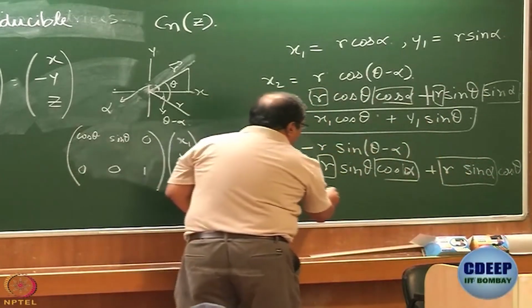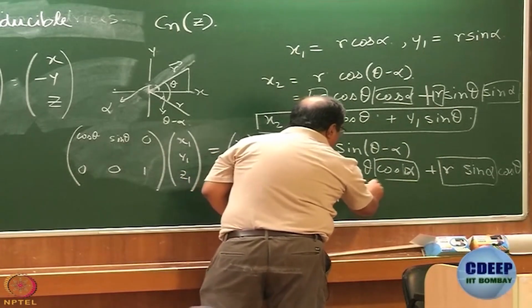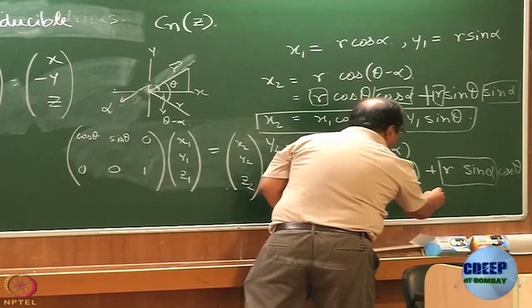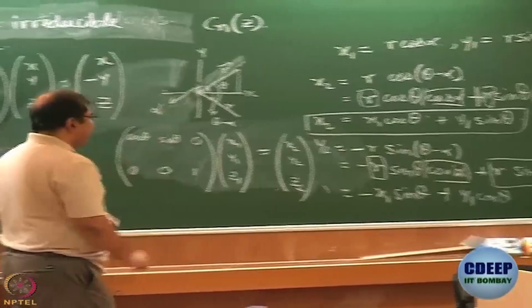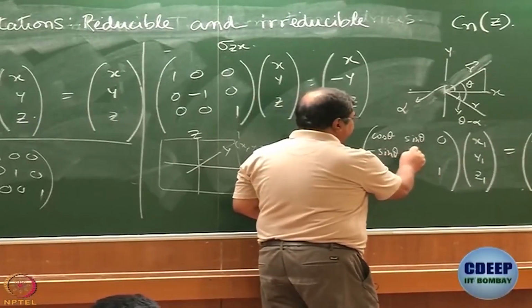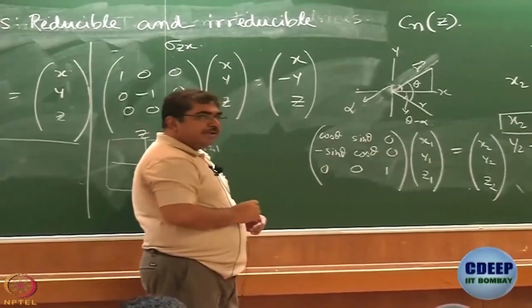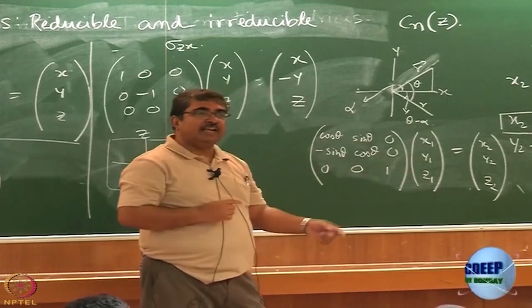So, I got minus x1 sin theta plus y1 cos theta. What will the second line be then? Minus sin theta, cos theta, 0.